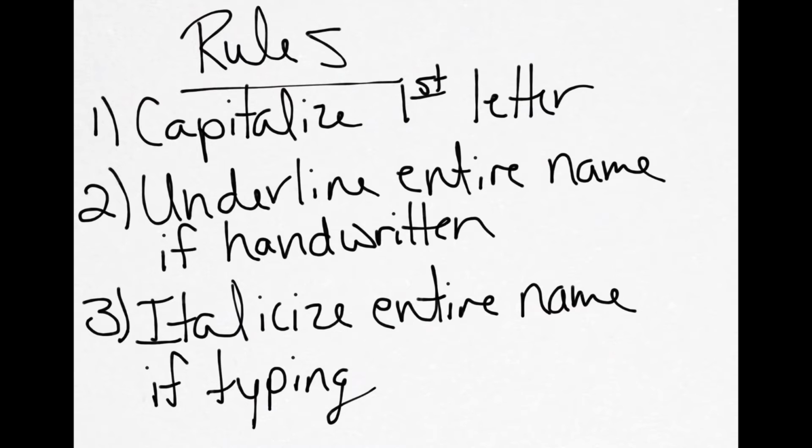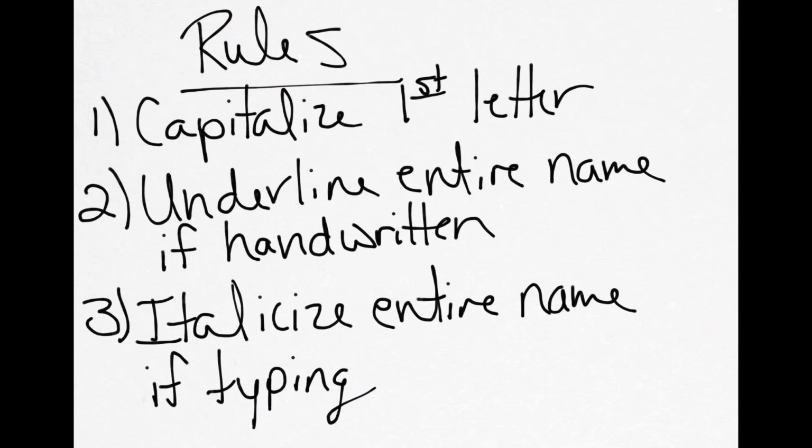If you are handwriting a scientific name, if you're writing it on paper, what you must do is underline it. You underline both parts, the first name, the genus, and the second name, the species. So you underline the entire thing. But teacher lady, what if we're typing a scientific name? We can't really underline on our screen.